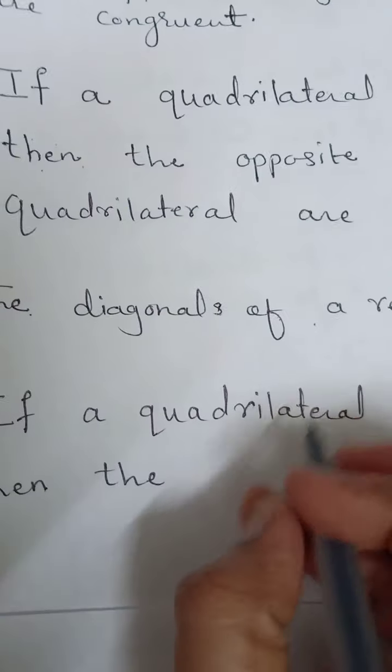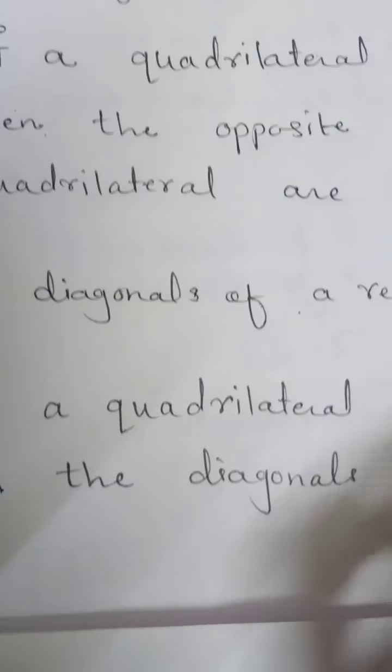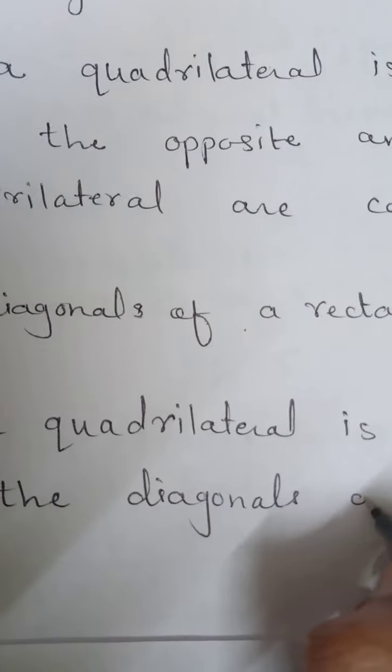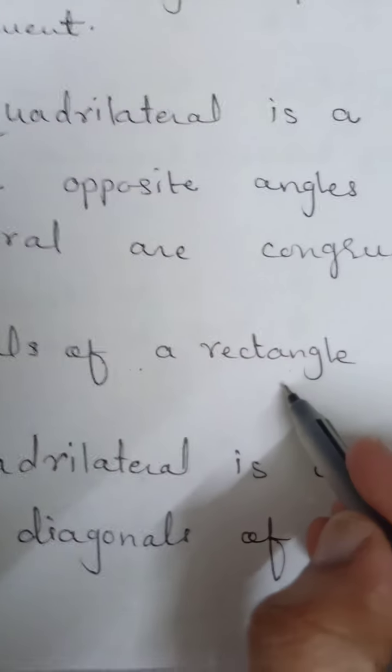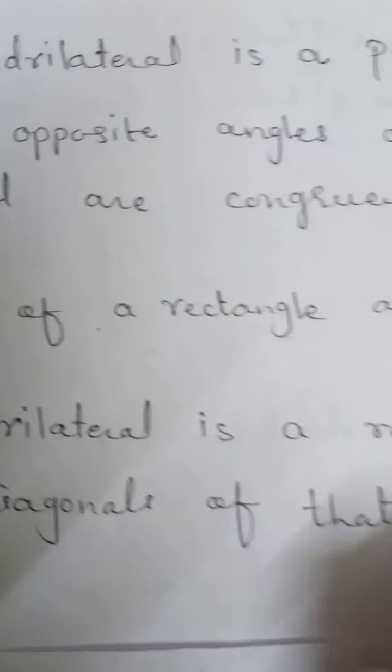So we will write: then the diagonals of that quadrilateral are congruent. In the place of rectangle we will take that quadrilateral.